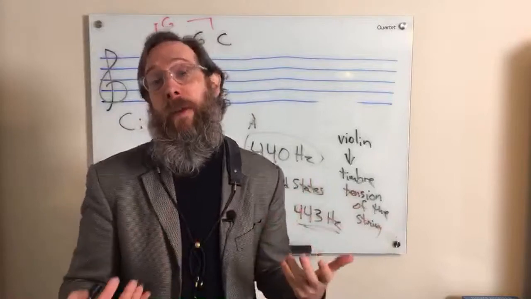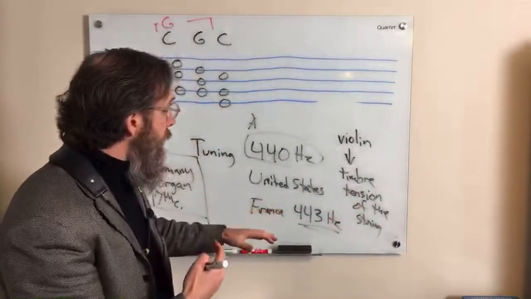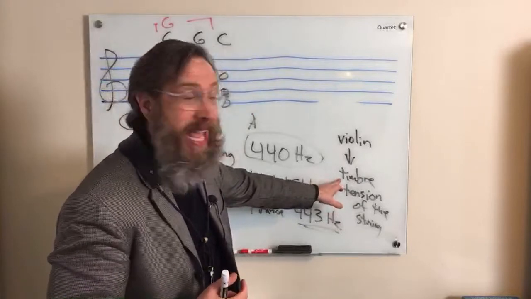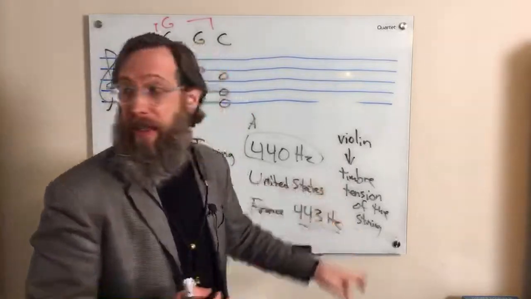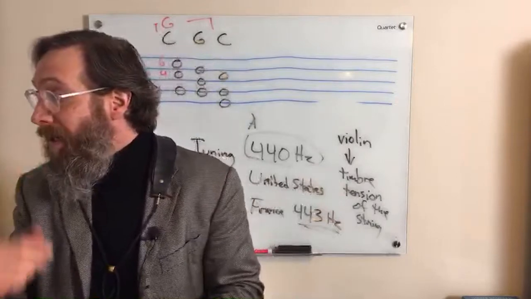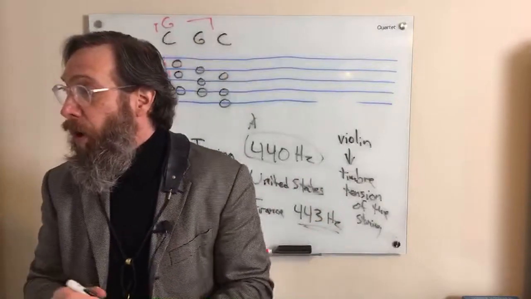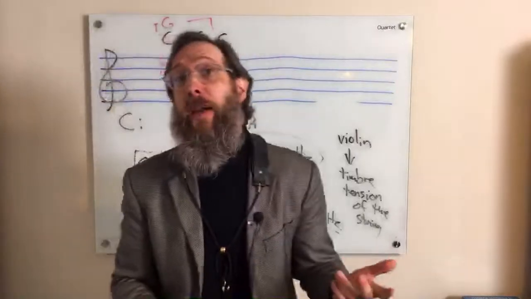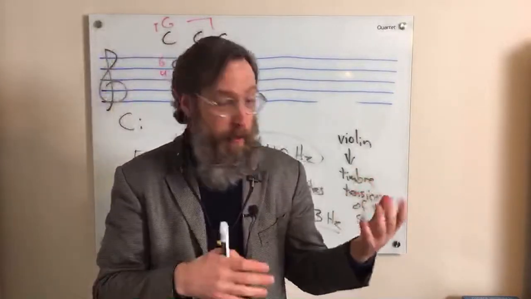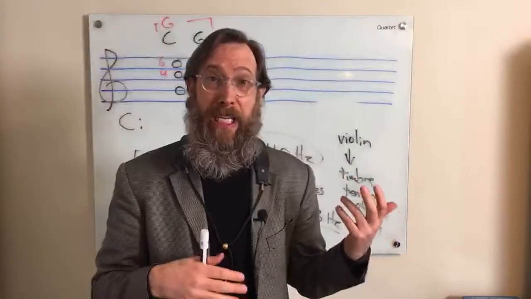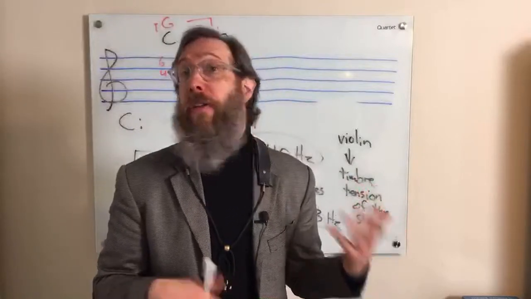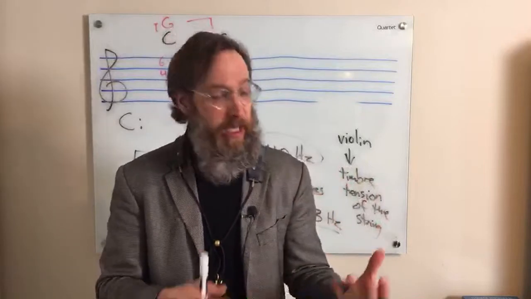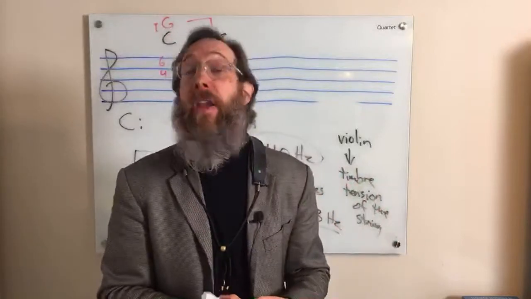So there's that argument on where you should tune based on the timbral change you get on the instrument from the tension on the string. So when you say you're tuning all your instruments to 432, if you're talking about string instruments, the timbre of your guitar will be different at 432 than 440. And depending on the emotion you want to capture with a piece, one timbre might be better than another.